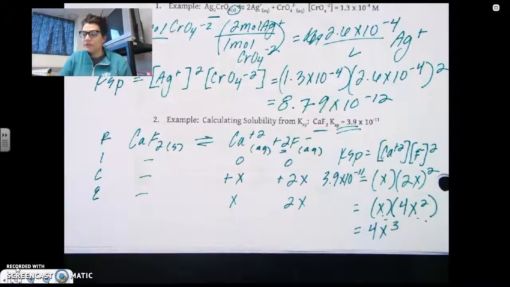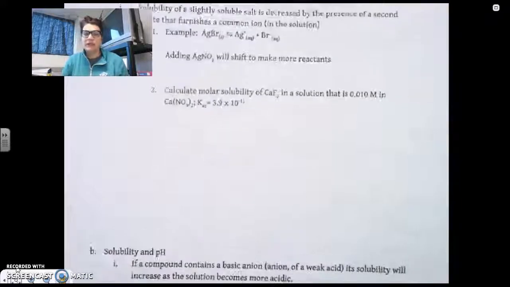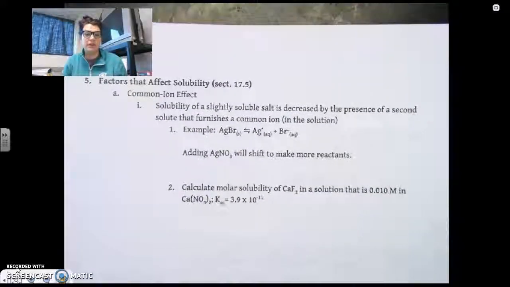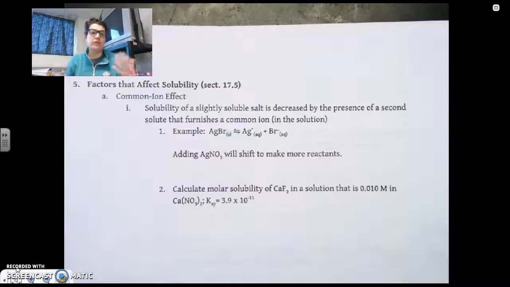There are also things that we can talk about, and this is section 17.5, that deal with things that affect the solubility, like why things won't dissolve as readily. This is where we're going to be dealing with the common ion effect.